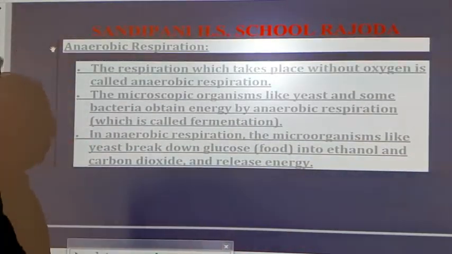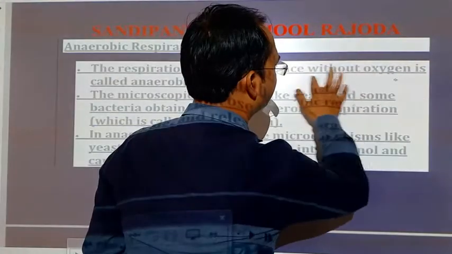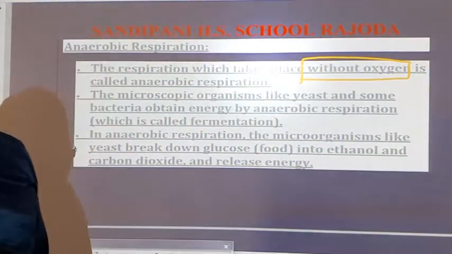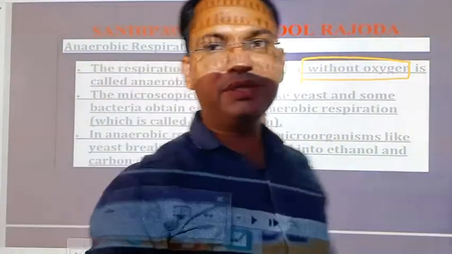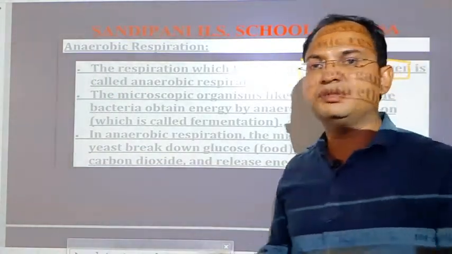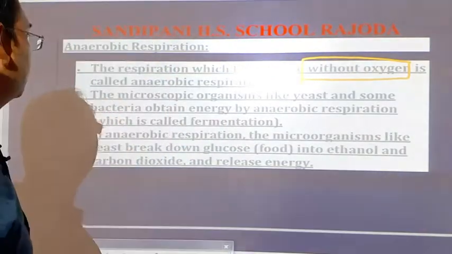In anaerobic respiration, students, see here, it takes place without oxygen. The very first thing is that anaerobic respiration takes place totally without oxygen. There is no involvement of oxygen in this process.